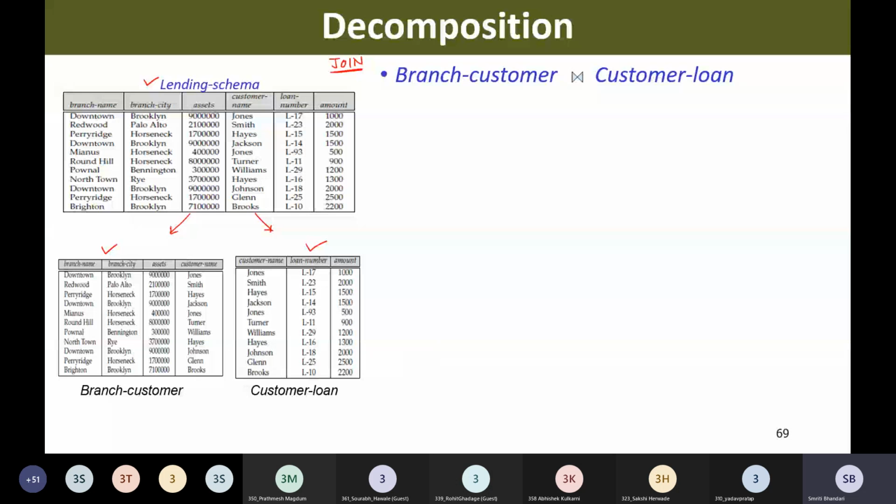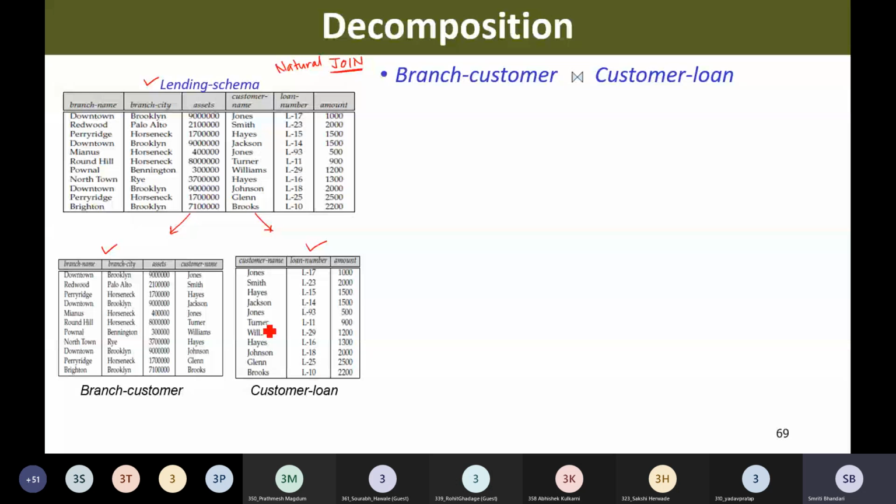So what do we do in natural join? Natural join joins two relations such that whichever is the common attribute in these two relations, the value of that common attribute is the same. Whichever tuples from these two relations have matching values of the common attribute, such data is extracted in our natural join.